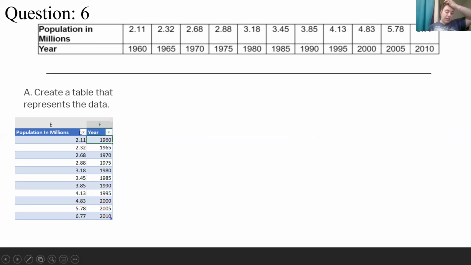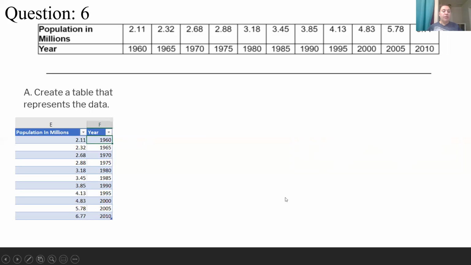So we have 1960, 2.11 million; 1965 was 2.32, 1970 was 2.68, 1975 was 2.88, 1980 was 3.18, 1985 is 3.45, 1990 is 3.85, 1995 is 4.13, 2000 was 4.83, 2005 was 5.78, and then 2010 was 6.77.